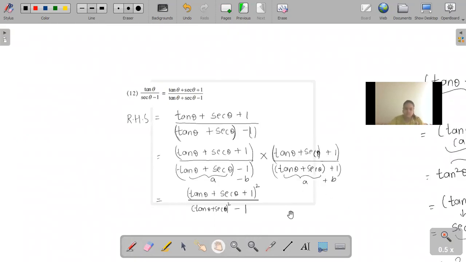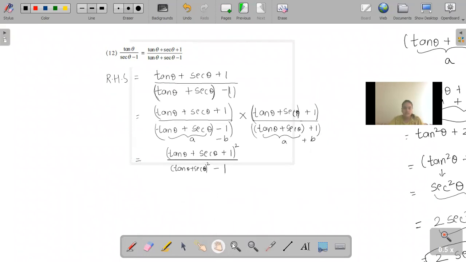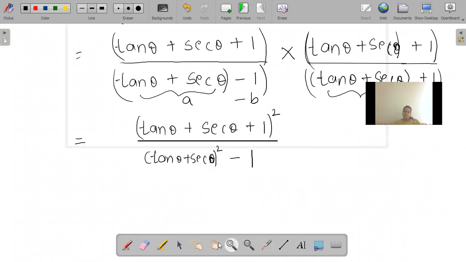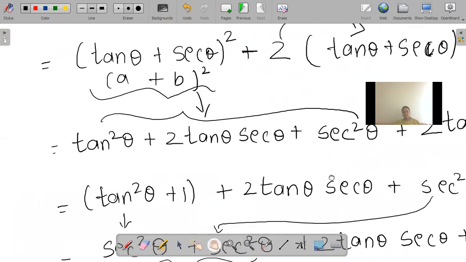Now let's go for the denominator. Should I also write n? No. So the denominator is tan theta plus sec theta, whole bracket square, minus 1. So I'll just rewrite this here at the side.